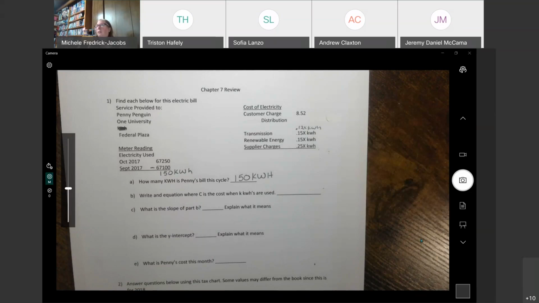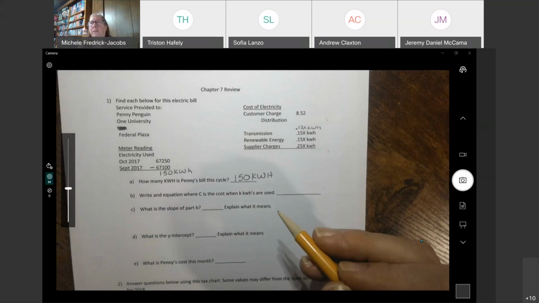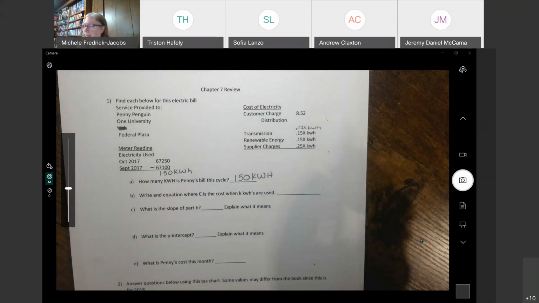So in January, I didn't owe anything for my electric bill, so that it can even out and then it starts again. So they do have these monthly ones, but you don't have to pay it monthly. You don't have to pay it automatically is what I meant to say.